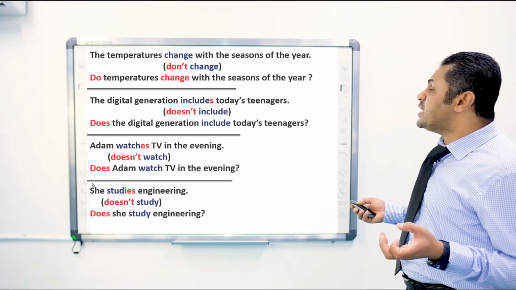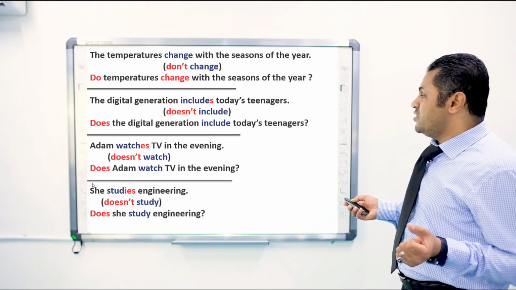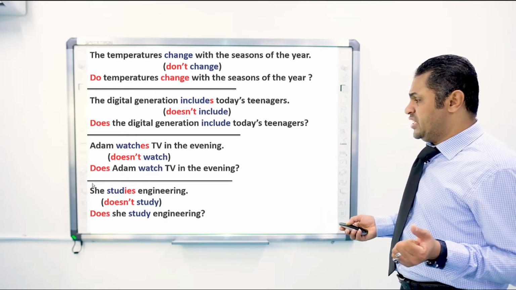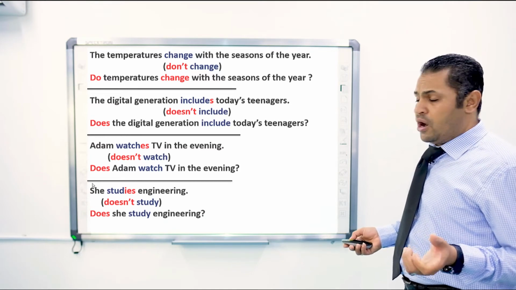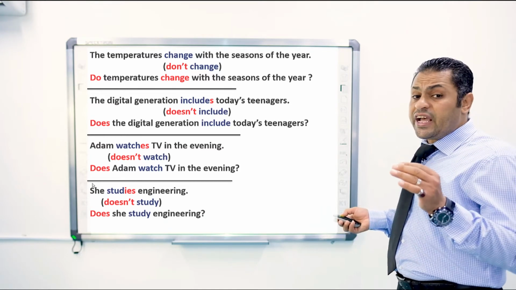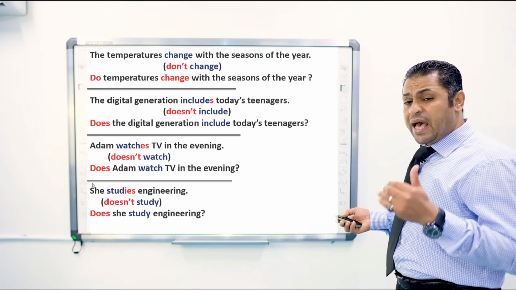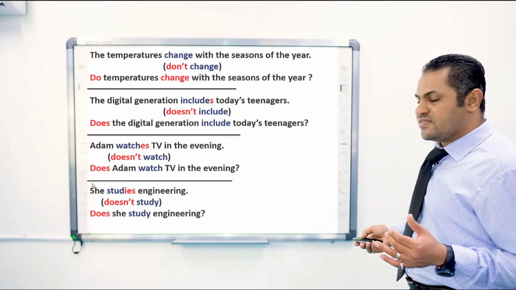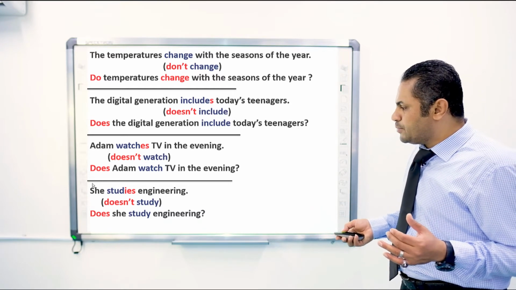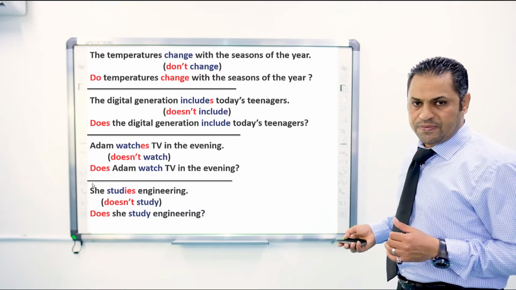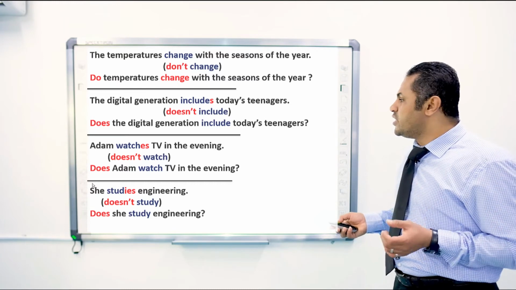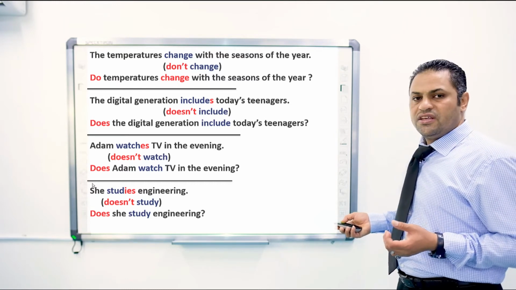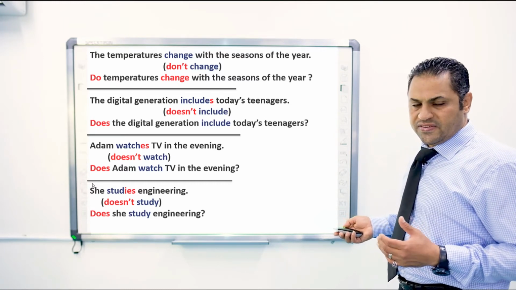The digital generation includes, the verb here with s, here with es, and there with ies. The negative in these three examples is doesn't include, doesn't watch, and doesn't study, because all these subjects are singular. The question begins with does in these three examples with the singular subject.